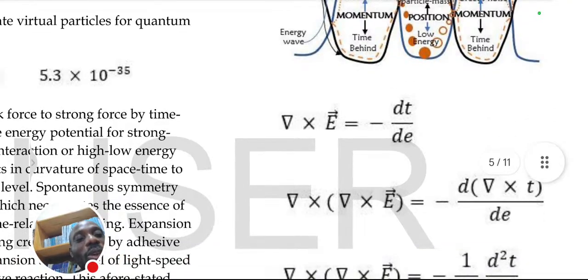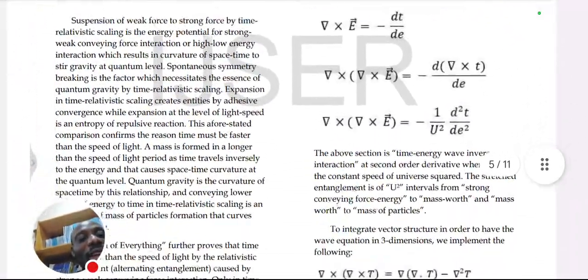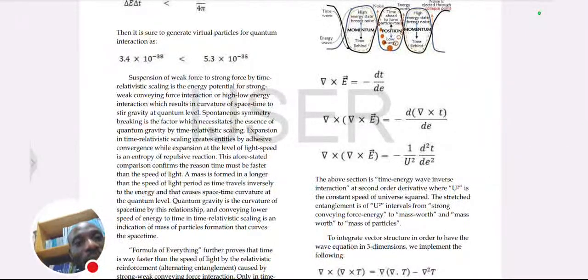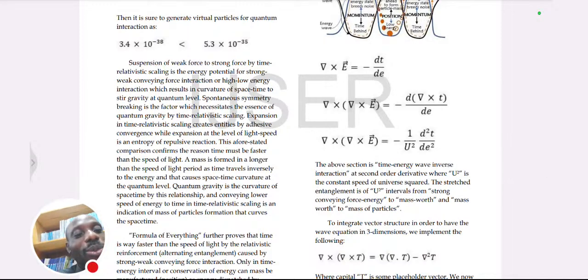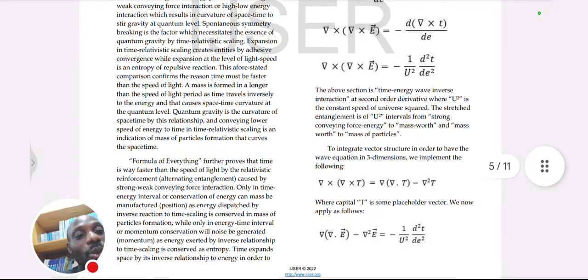You understand? So then I briefly used the Schrodinger wave equation, but what I did was to just try and see what the electric field would be if I use the Schrodinger wave equation.